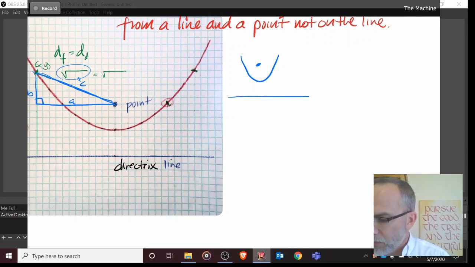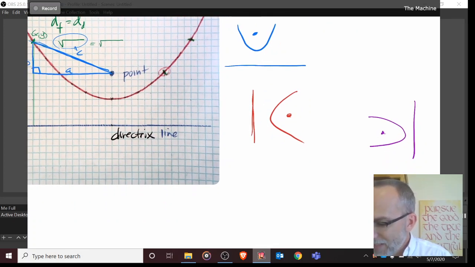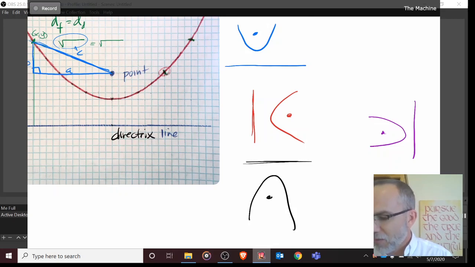We're going to do parabolas that look like this, and it will have a focus in the middle, and a line, the directrix, on the other side. You could even go the opposite direction. You could have a parabola that opens to the left, with a focus in the middle and a directrix on the other side. Or you could have one that opens down, with a focus in the middle and the directrix on the other side.